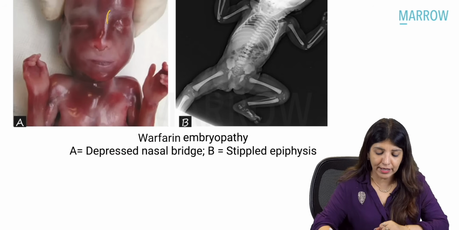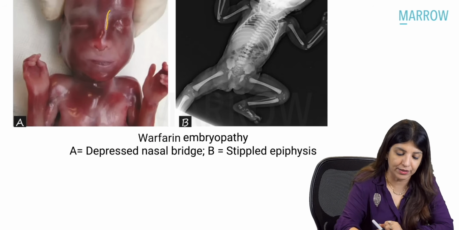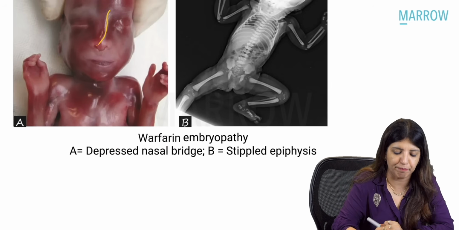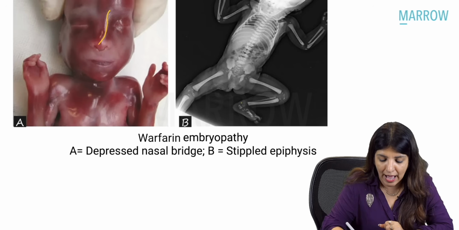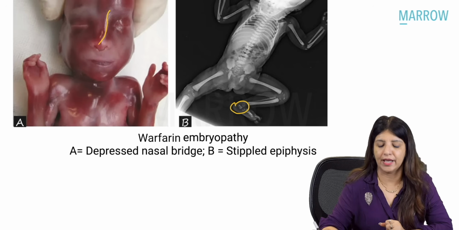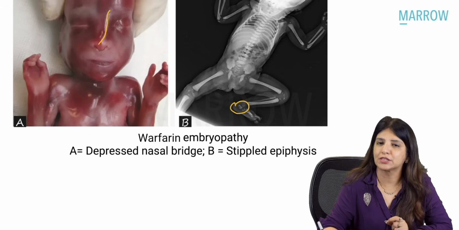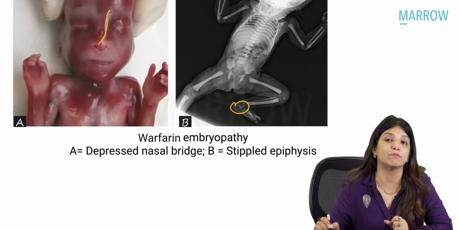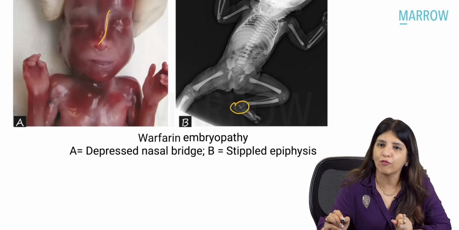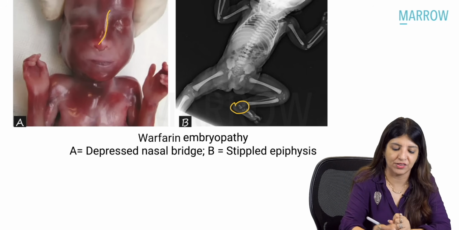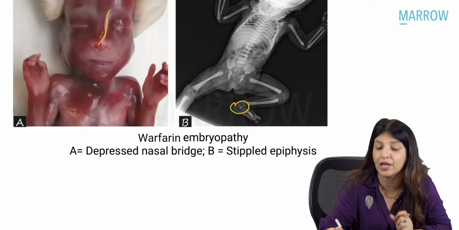Now, over here in this image, what you are getting? In this image, you are getting depressed nasal bridge and you are getting stippled epiphysis. Whenever you are getting depressed nasal bridge or stippled epiphysis, this means mother had consumed warfarin in first trimester, and this is warfarin embryopathy.